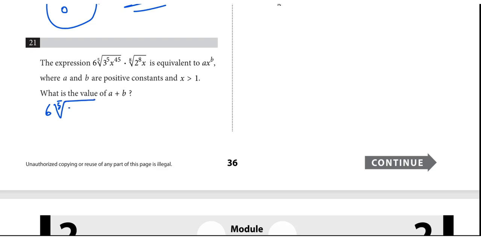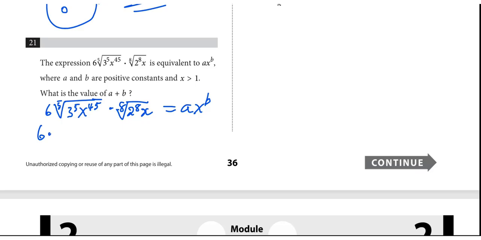So now let's set this up. This will become the fifth root of 3 to the 5, x to the 45, times the 8th root of 2 to the 8, x. So we are setting it equal to a x to the b. So now this is the same thing as 6.